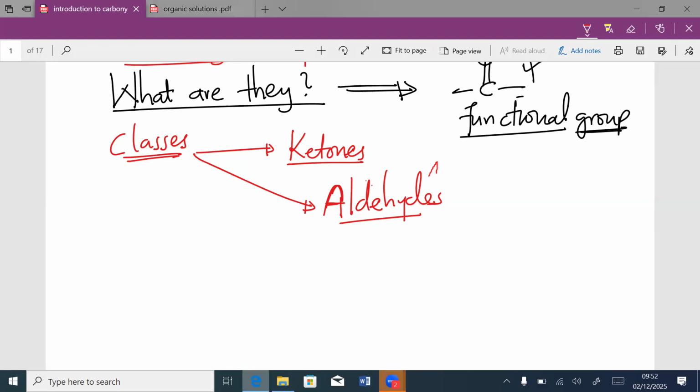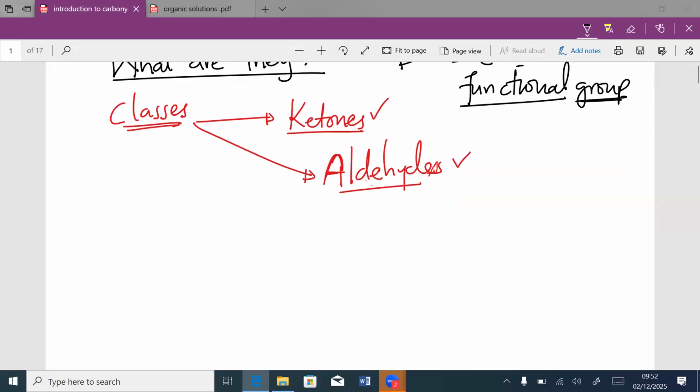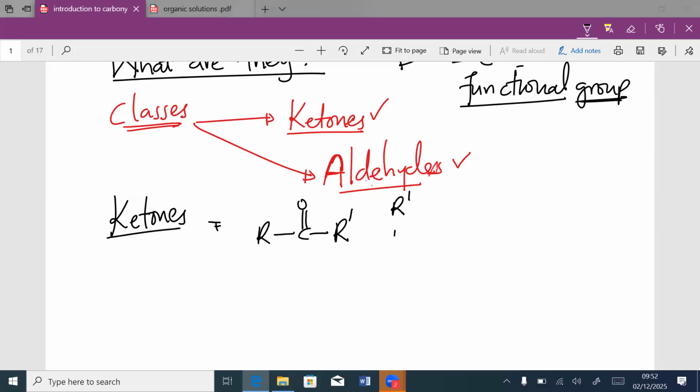So there are two classes of these carbonyl compounds. We either have ketones or we have aldehydes. Now, what are ketones and how do they look? For ketones, most of the times you have the carbonyl functional group, then you have R prime and R, where R prime and R are actually alkyl groups.